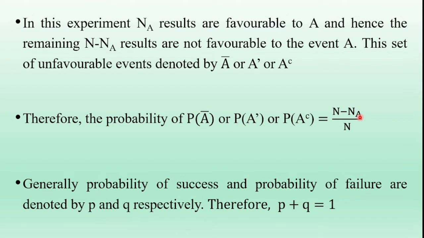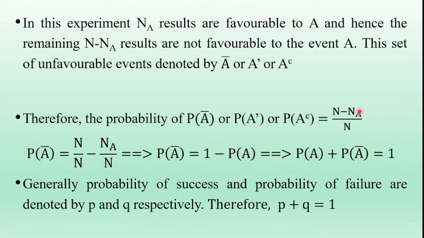On the RHS, this is written as capital N divided by N minus N A by N. The first term becomes 1, and the second term is the probability of success, probability of A. Bringing this to the LHS, we have probability of A plus probability of A bar is equal to 1.